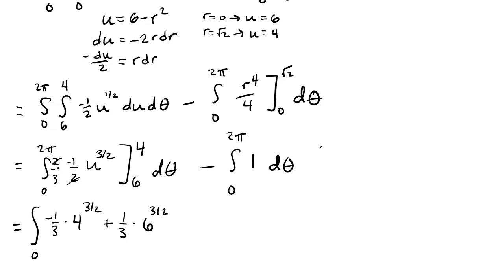And this is all the integral from 0 to 2 pi d theta. And then over here we've got minus, the integral of 1 d theta is just theta, and that's going to be from 0 to 2 pi.